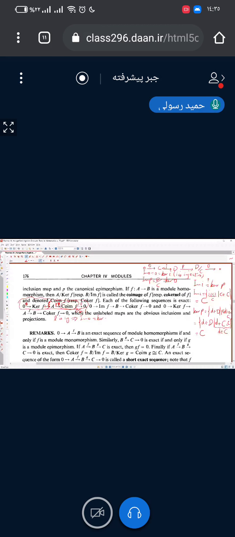And since the last 0 maps any element to 0, and P is surjective, this gives that the image of P equals the kernel of 0, which equals the co-image of F, which is A over the kernel of F by definition.